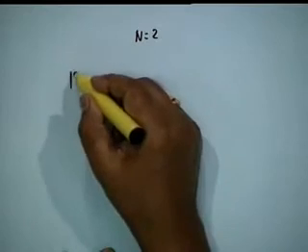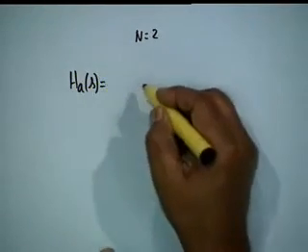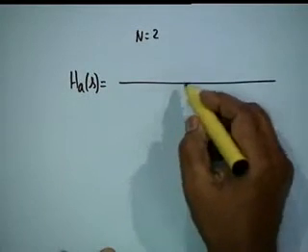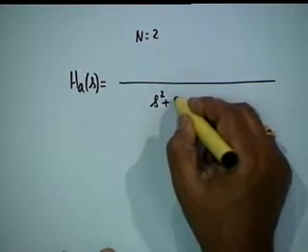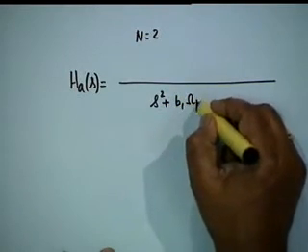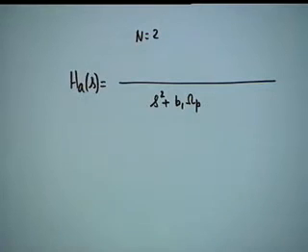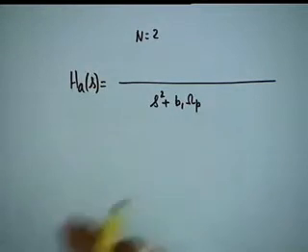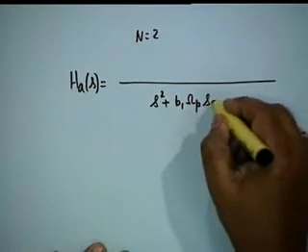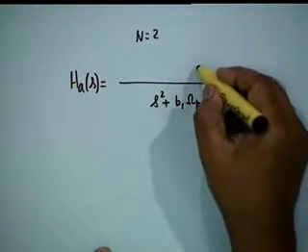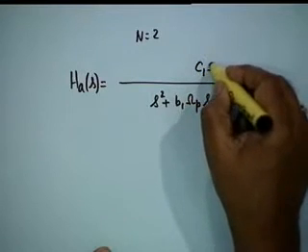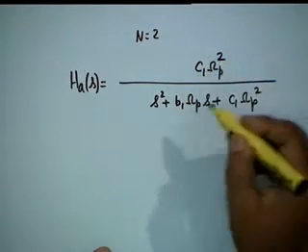If capital N is equal to 2, then you can immediately write HA of S, that would be equal to, capital N is 2, so the denominator would be simply a quadratic, S squared plus B1 omega p, where omega p is 2 pi times 10 to the power 3, not 10 to the 3, it is radian, you must remember this, S plus C1 omega p squared, and the numerator would be simply C1 omega p squared.